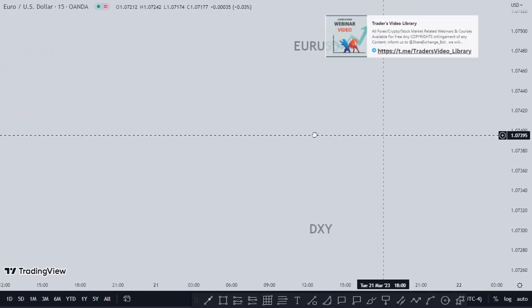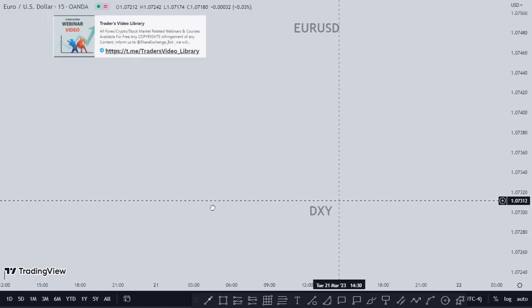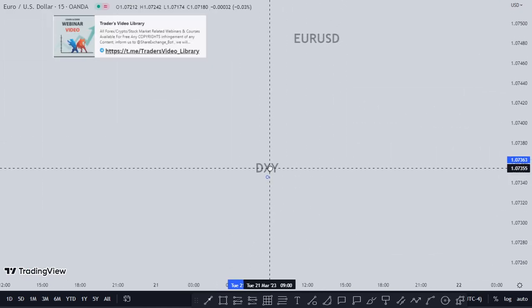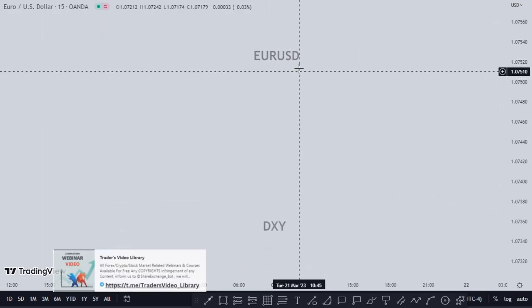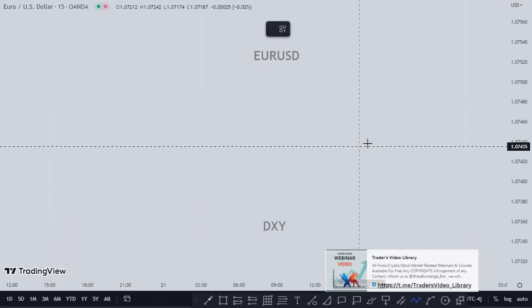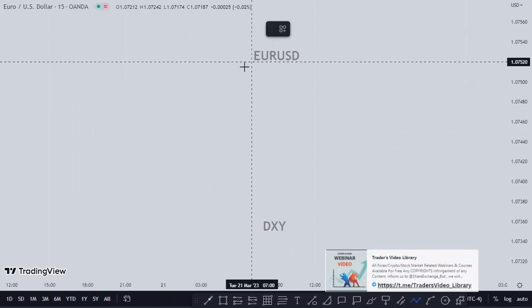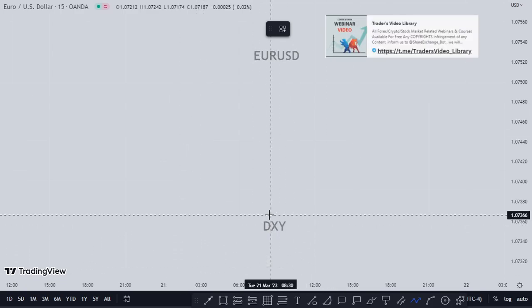So let's imagine that the red line is the Euro USD and the black line is the dollar index chart.